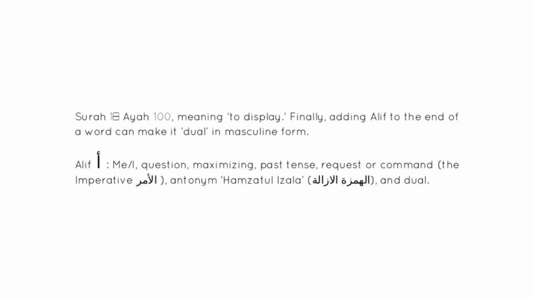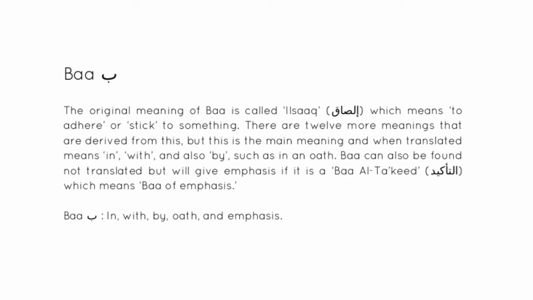Finally, adding alif to the end of a word can make it dual in masculine form. In summary, alif, me, I, question, maximizing, past tense, request or command, the imperative, al-amr, antonym, Hamzatul Izala, and dual.